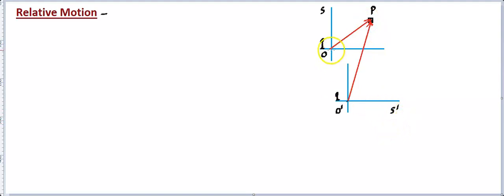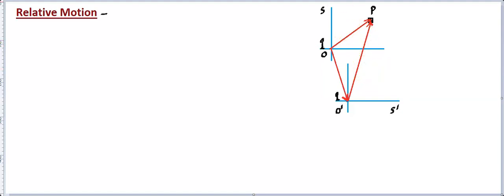Moreover, let's join these two points as well, so there's going to be a position vector with respect to these two. That means with respect to O dash we will have this as a position vector. So I'm drawing three vectors, and these three vectors form a triangle. So we can use the triangular law of vector addition here.